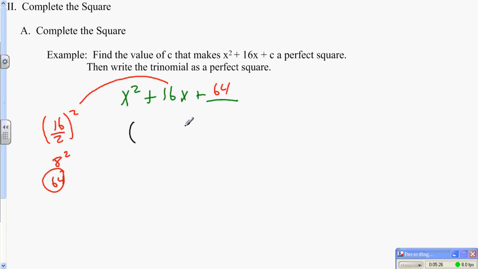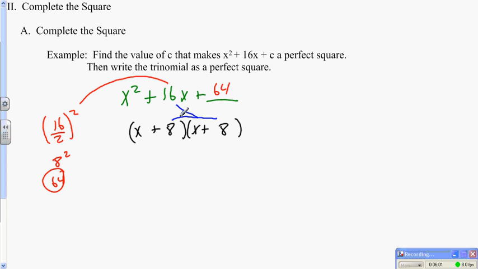What does that mean? Well, if we factor this, we should get the same thing in both parentheses. Factors of 64 that add up to 16, 8 and 8. At this point, I'll add in what I've learned from other YouTube videos and some very good input in lessons about this. And that is that we divide by 2 because these two terms have to add up to 16 if we go through the FOIL method.